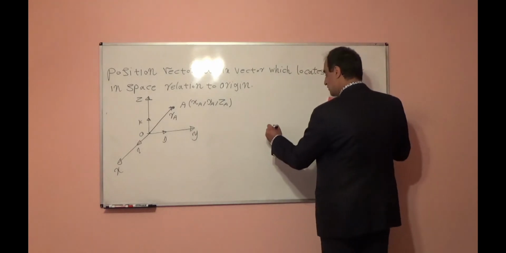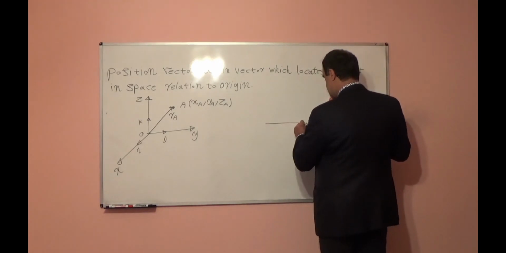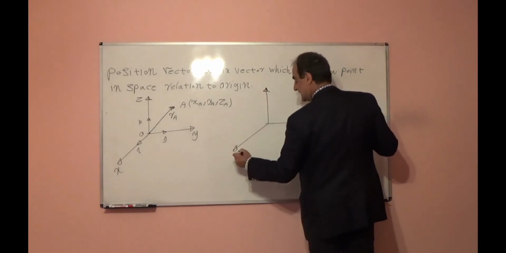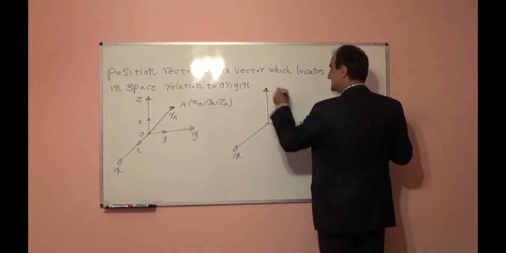If we have 2 points, for example, assume we have 2 points A and B in 3D space.